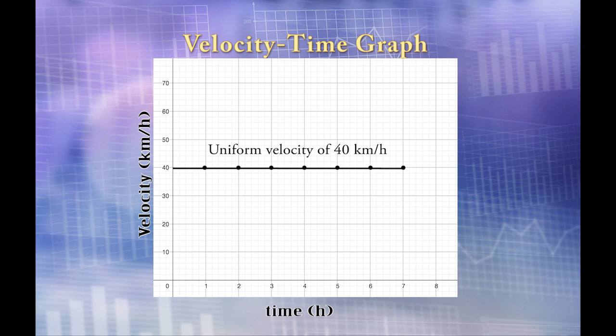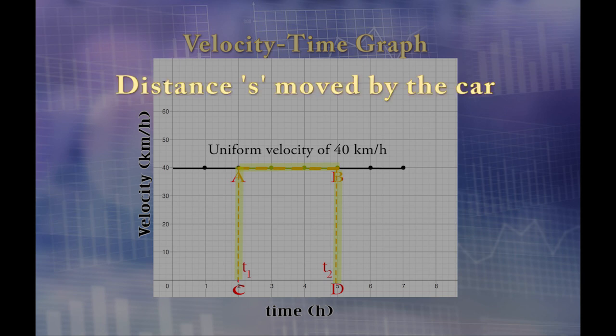Now, the distance moved by the car from A to B between time t1 and t2 is drawn. The velocity of 40 km per hour is represented by height AC and BD, and time t2 minus t1 is represented by length AB.